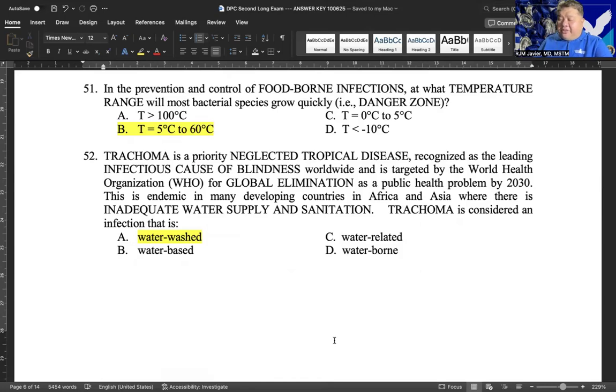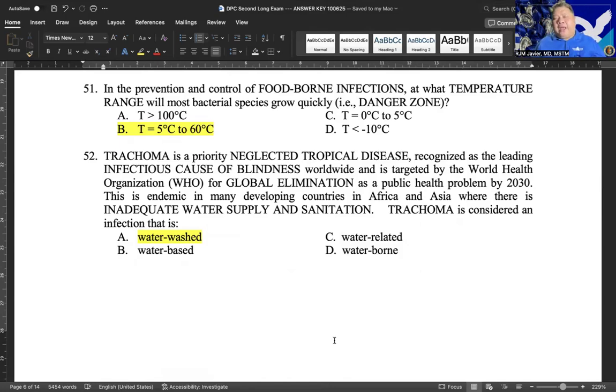Temperature of greater than 100 is what we refer to as your hot food zone. In the hot food zone, basically your bacterial species or your etiologic agents become destroyed. Your temperature of 0 to 5 would represent your cold food zone, while those less than -10 degrees would represent your frozen zone.